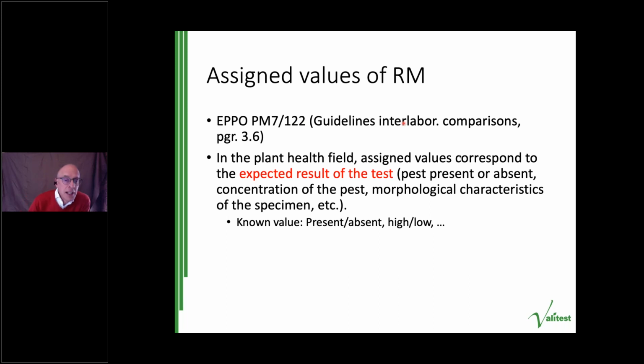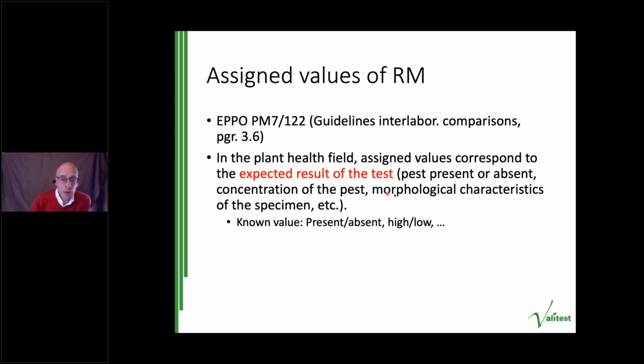There it says that in the plant health field, assigned values correspond to the expected result of the test. That can be described as a pest being present or absent. It can be described as a certain concentration of the pest.